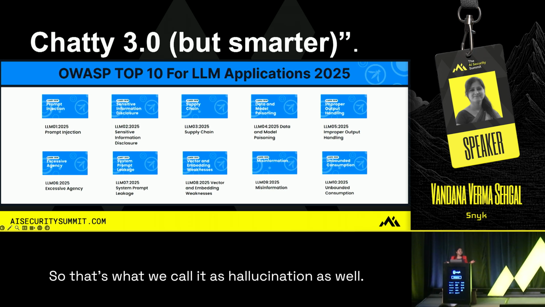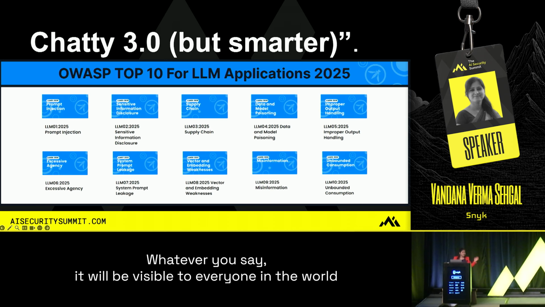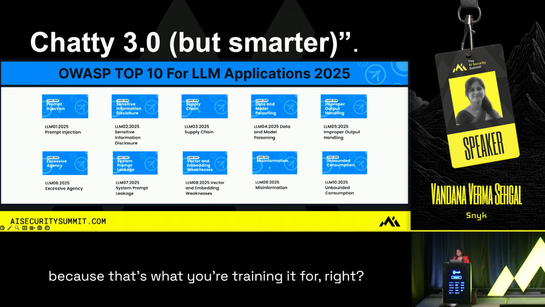That's what we call hallucination as well. Now, if APIs were houses, LLMs are like glass mansions. Whatever you say, it will be visible to everyone in the world, because that's what you're training it for, right? That's what we want. We are giving the training data, and it's remembering everything.